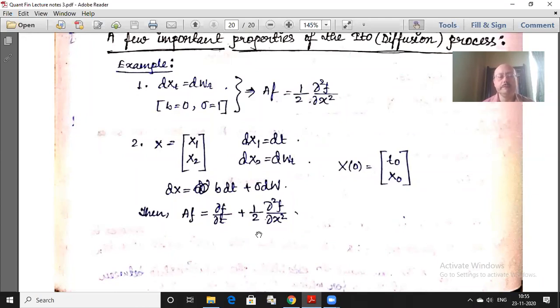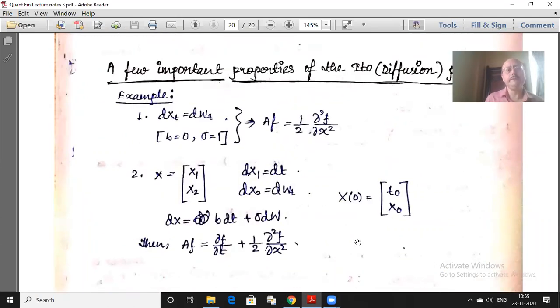Did you check this? I am not doing the details, so I expect you to do a little bit of writing and confirm that this is correct. Yes, sir. This looks right. Yes, sir. Right.